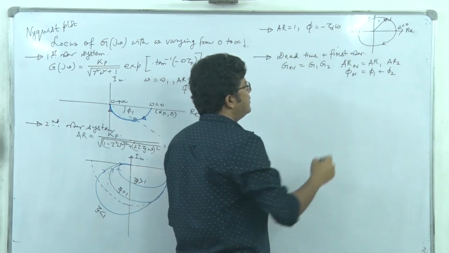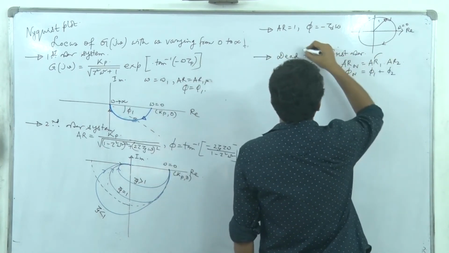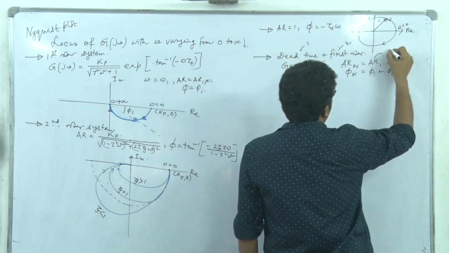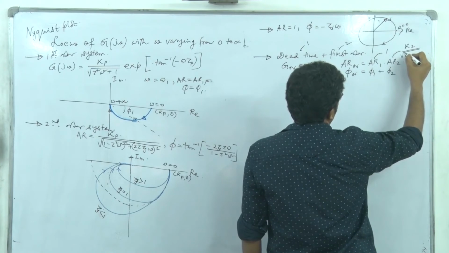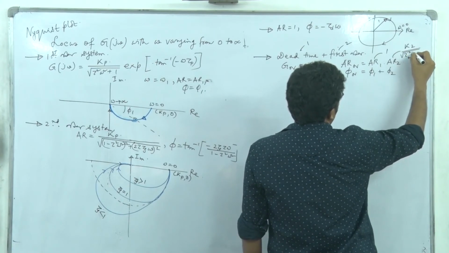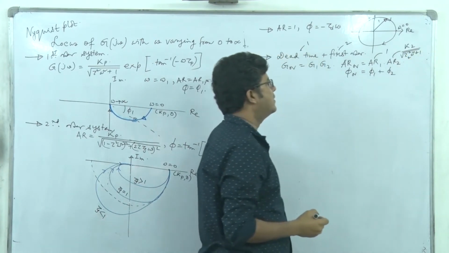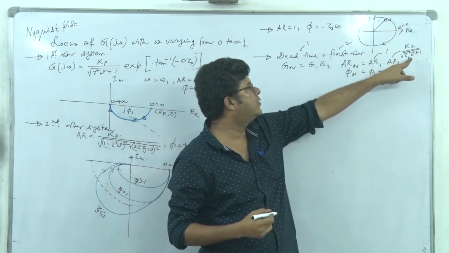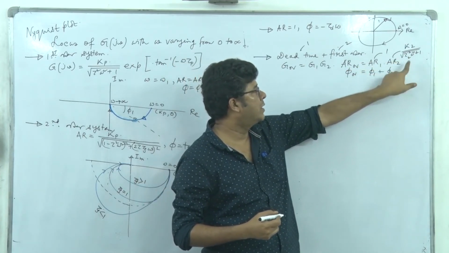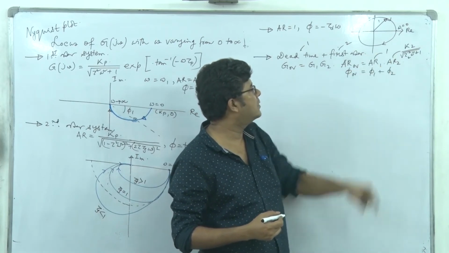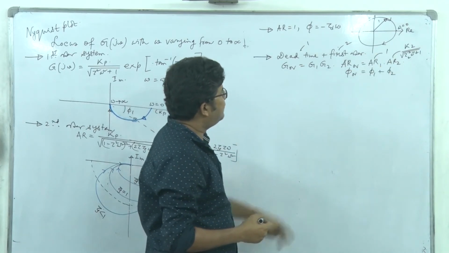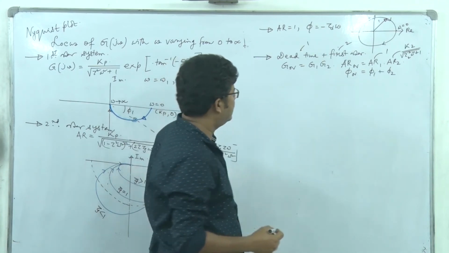See, AR1 is for the dead time, this is 2. AR1 is 1, AR2 is K2 divided by the square root of tau 2 square omega square plus 1. Right. So this goes to 0 as omega tends to infinity, and here this will be 1. Okay? And phi will be infinity. So what will happen?